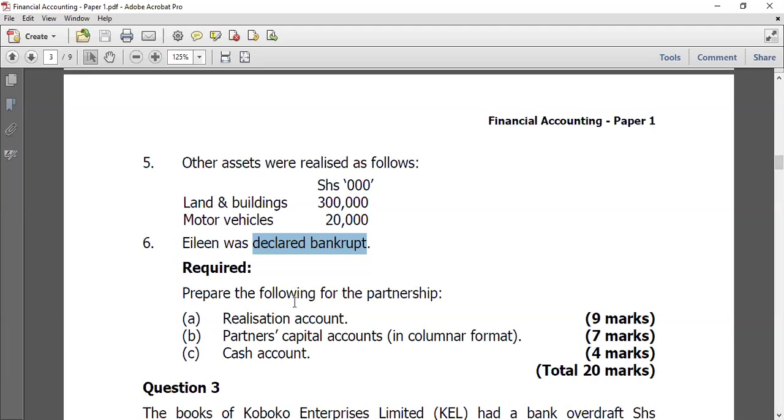They're asking us to prepare the realization account, and then they want us to draw up the partners' capital accounts in columnar format, and then they also want us to draw up the cash account.